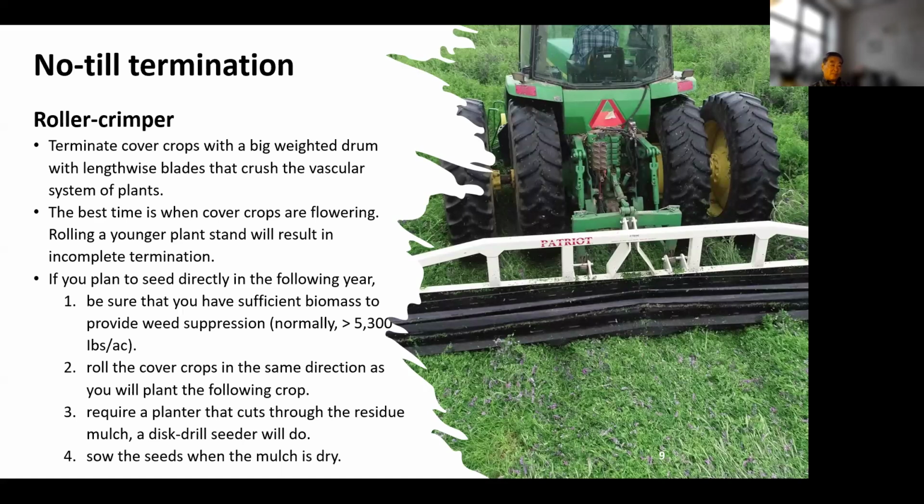A disc drill seeder will do that, and most producers have this seeder. Sow the seeds when the mulch is dry. If it's too wet, it may affect seed germination or cause the younger plants to catch disease.